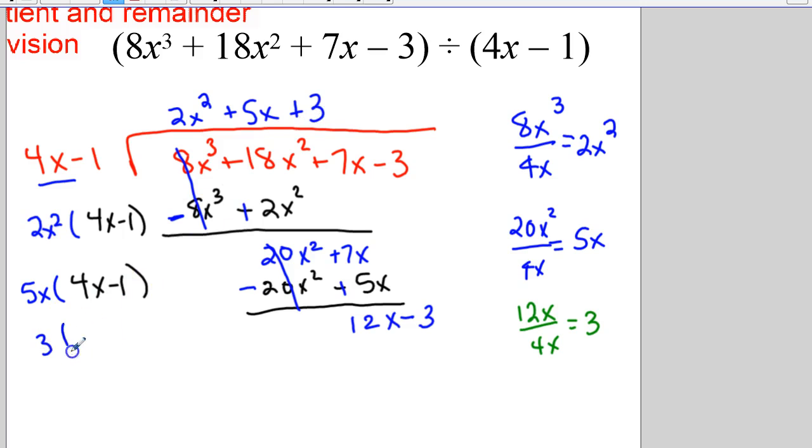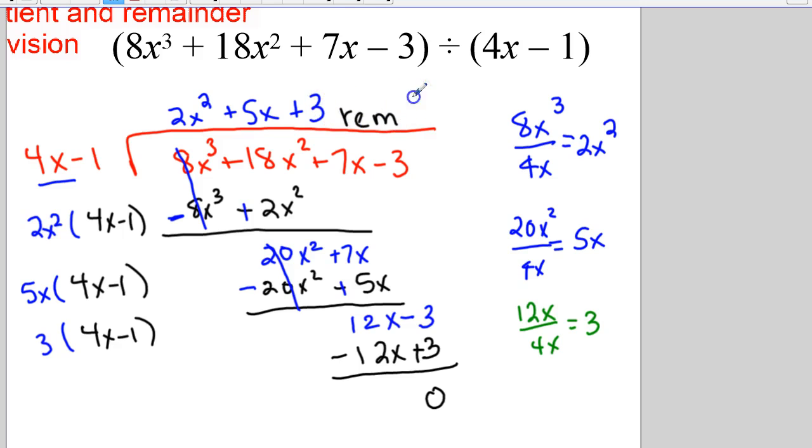I'm going to take 3 times 4x minus 1. And I end up with 12x minus 3. And when I change my signs, I get 0. So my remainder is 0. So this is my quotient, and there's my remainder. All right, let's try another problem.